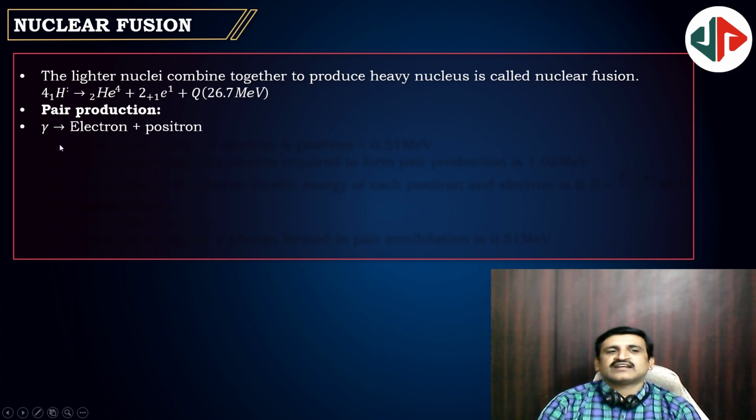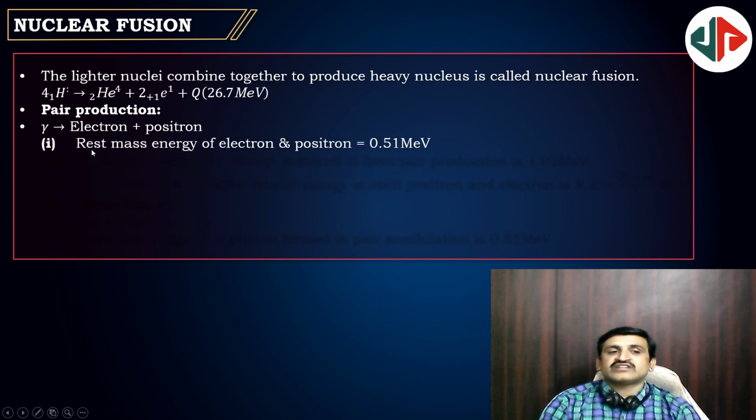That means gamma radiation with 1.02 MeV of energy or more will give birth to a positron and an electron. 1.02 MeV is the condition for minimum energy.